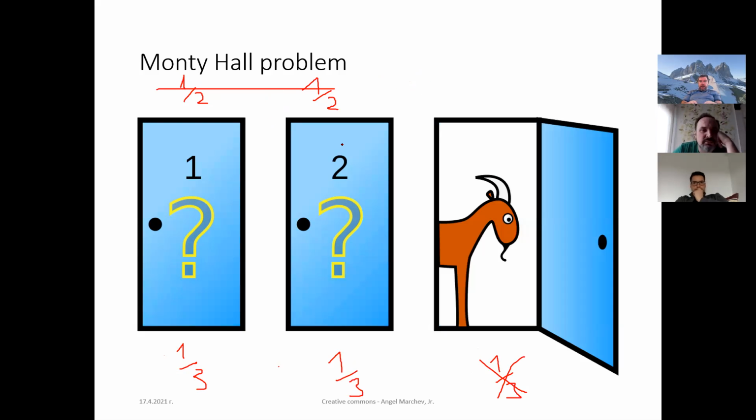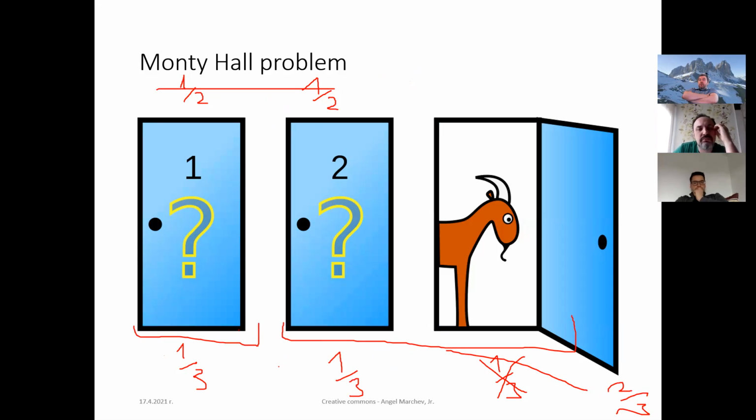If we move here, it turns out that this is still 2/3 in general. Okay, I'm going to put it here. This is still 2/3, and this is still 1/3. But you know for sure that this is 0. The open door is already 0.